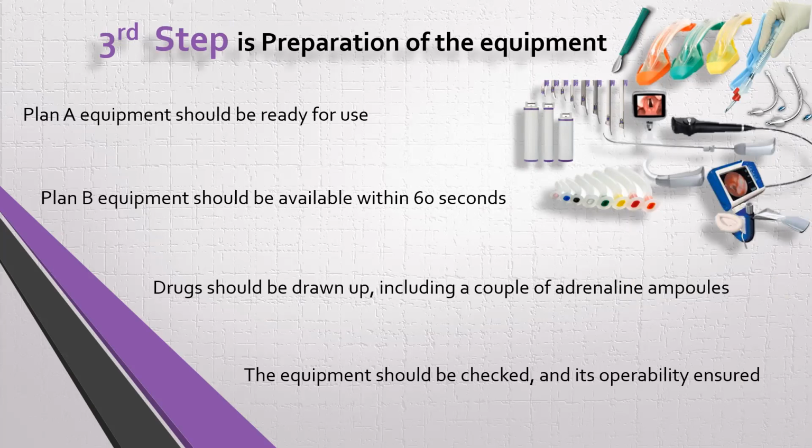Drugs should be drawn up, including a couple of adrenaline ampoules in case of a CPR scenario in rapid sequence induction. The equipment should be checked and its operability ensured. For example, the C-MAC batteries should be charged and functioning well. You should check the laryngoscope and its batteries, okay?